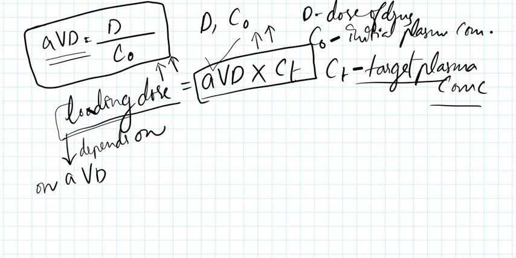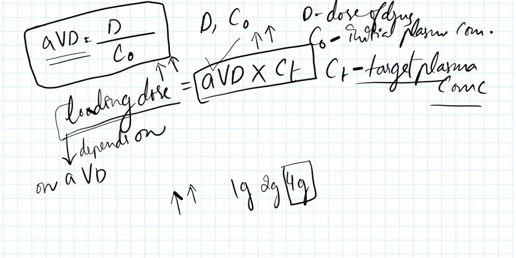That's why some drugs have a very high loading dose, something like 1 gram, 2 grams, 4 grams. 4 grams may look like a small dose, but in drug pharmacology, 4 grams is too much. Why should you give this much loading dose? Because the drug has high apparent volume of distribution. So loading dose directly depends on the apparent volume of distribution.